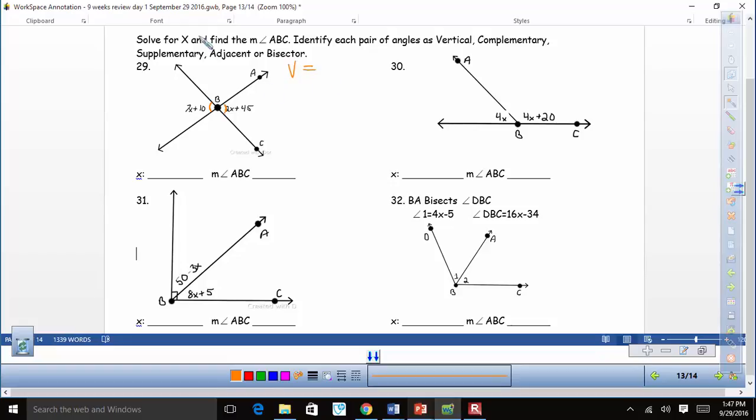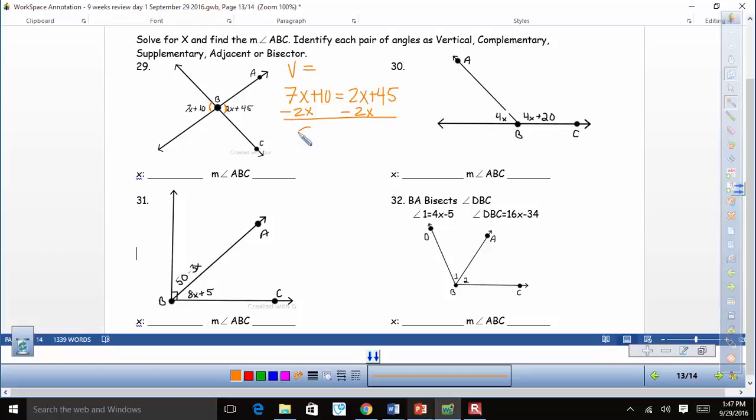So what will we do with these two measures? Yep, set them equal. 7x plus 10 equals 2x plus 45. Then it's just a simple solve for x. So we want our x's on the left, numbers on the right. We would subtract 2x from both sides.